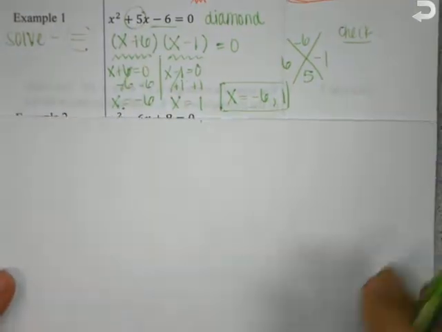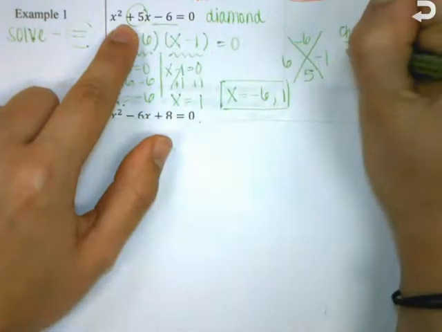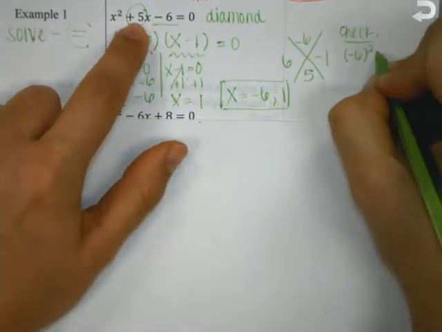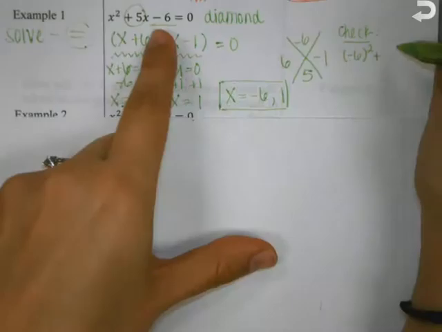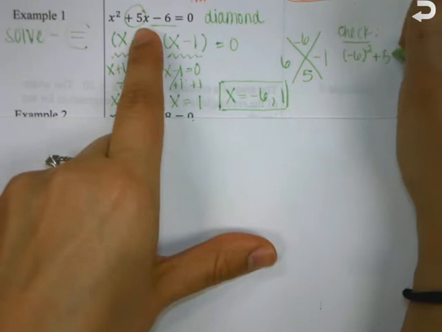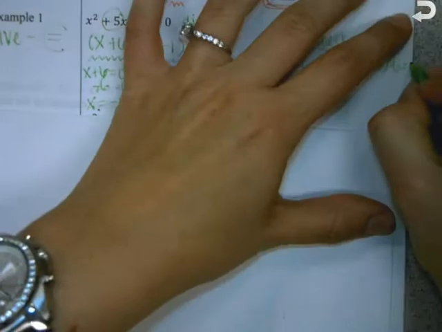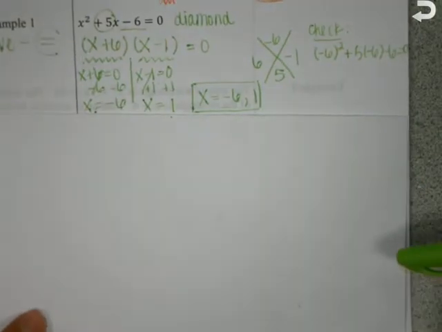So into our original problem, that gives us negative 6 squared plus 5 times negative 6 minus 6, and we want it to be equal to 0. It's our check. I know how.